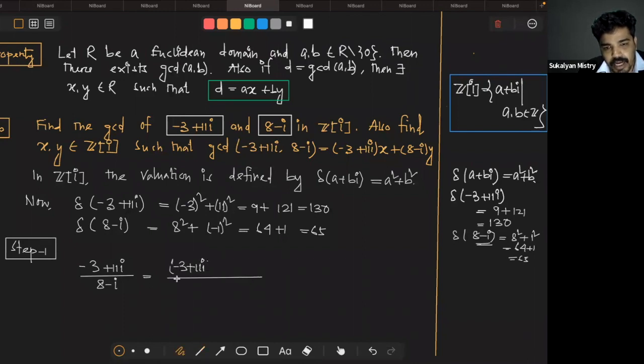minus 3 plus 11i, 8 minus i এর কনজুগেট হবে 8 plus i, so 8 minus i into 8 plus i.